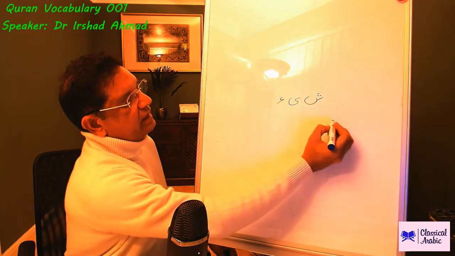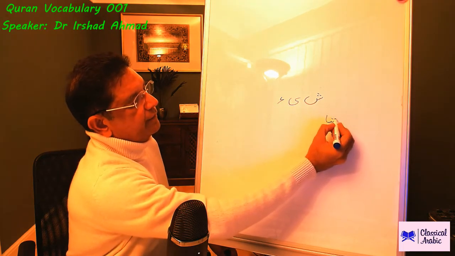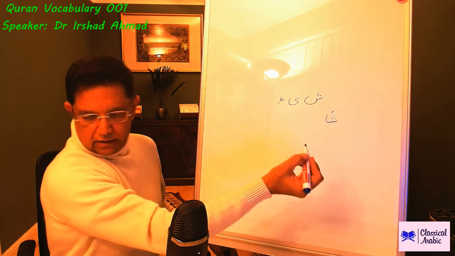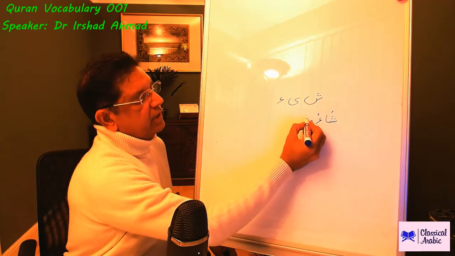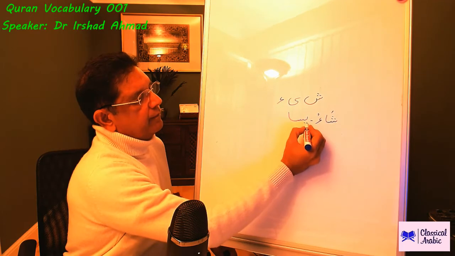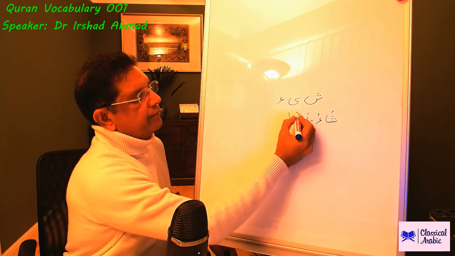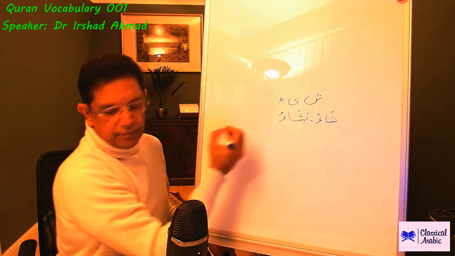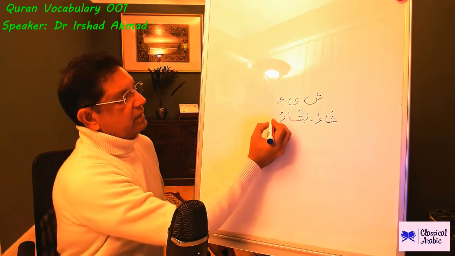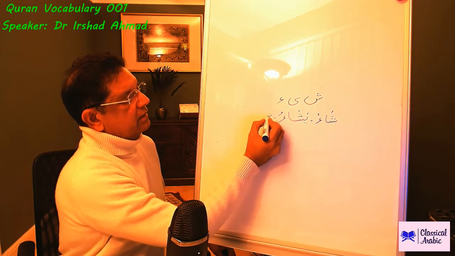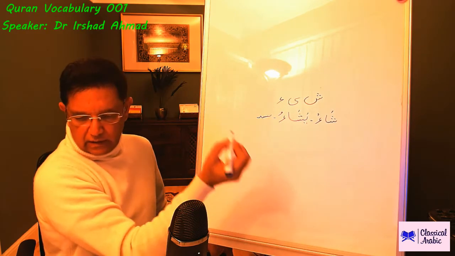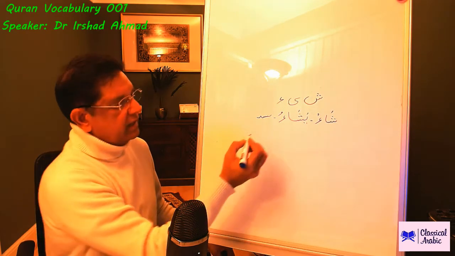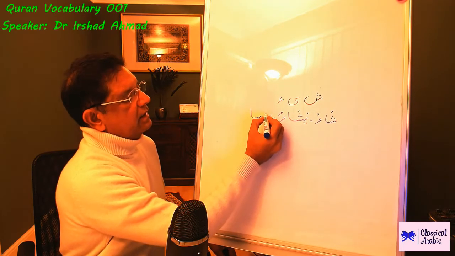Sha'a, yasha'u, mudare, and then shay'un or shay'an, masdar. We have to add hamza here. Let's write mansub: shay'an.